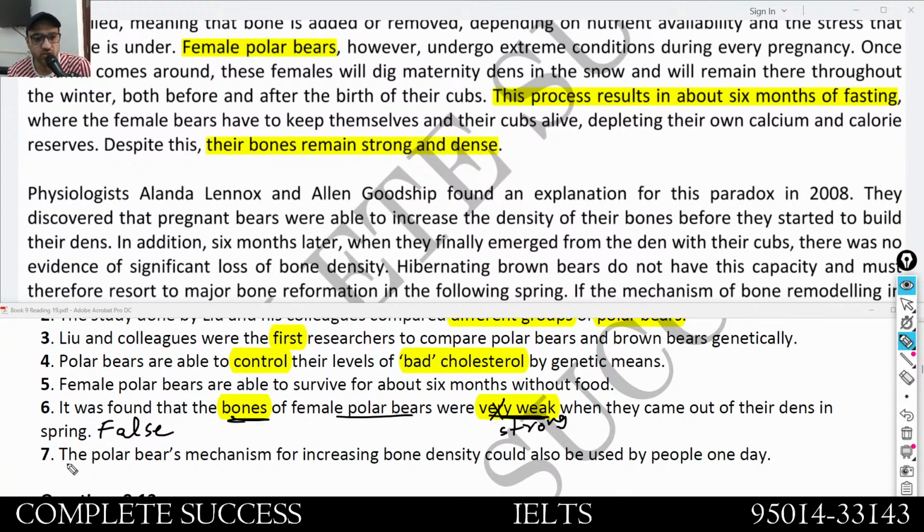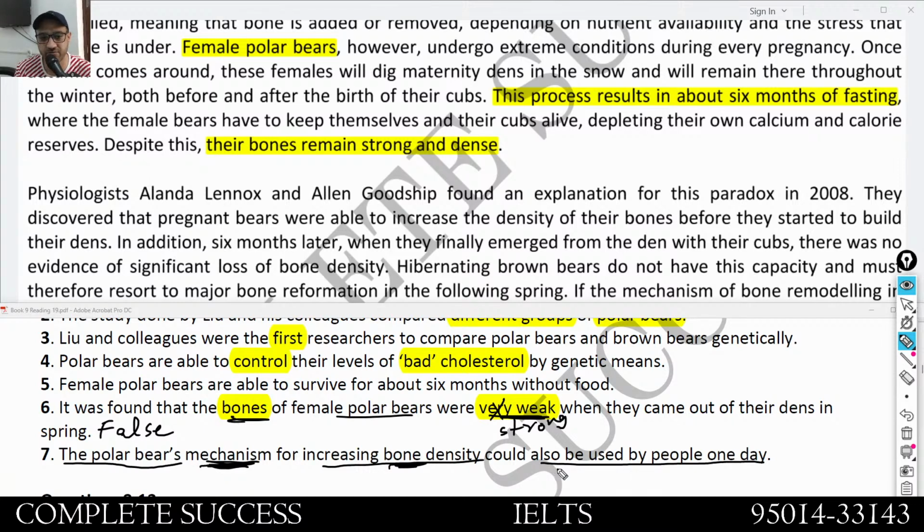Now, our 7th question says, the polar bear's mechanism for increasing bone density could also be used by people one day. So whatever mechanism they have in their body to increase their bone density, because they are fasting for almost 6 months and still they have very high bone density. How could this happen?